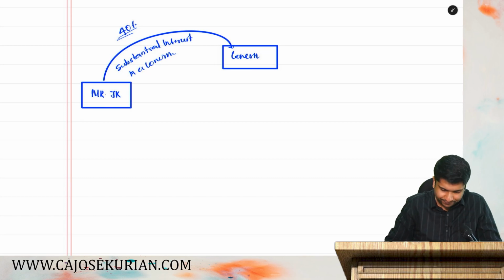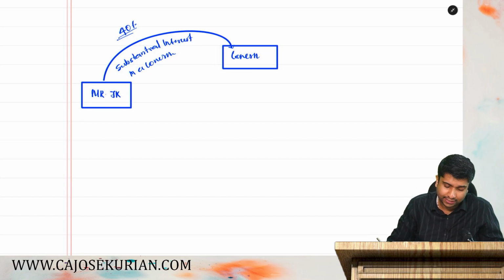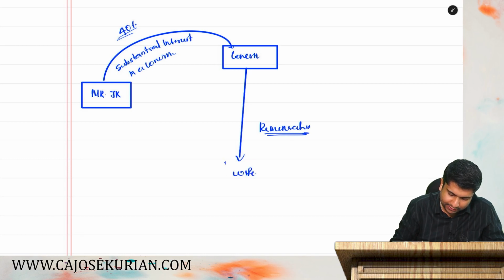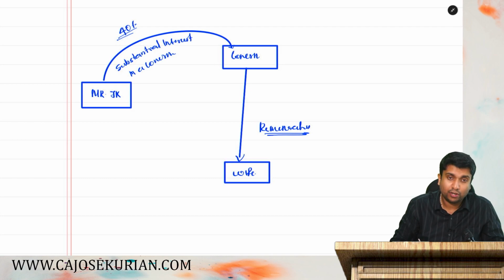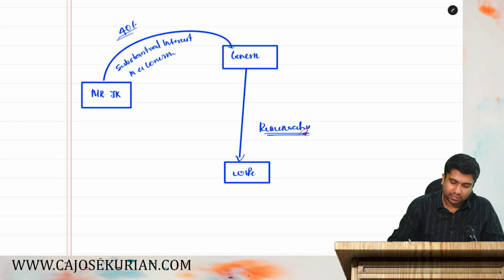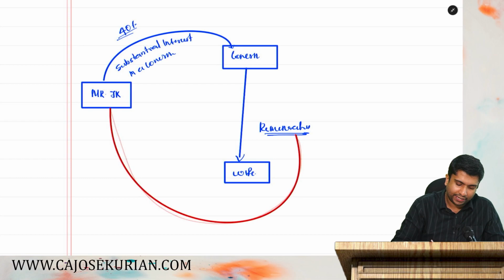Now friends, listen. The next point that you should consider is, say, this concern is giving some remuneration to my wife. Then the department says remuneration, wages, salary, whatever name it is, all those incomes have to be clubbed in my hands.